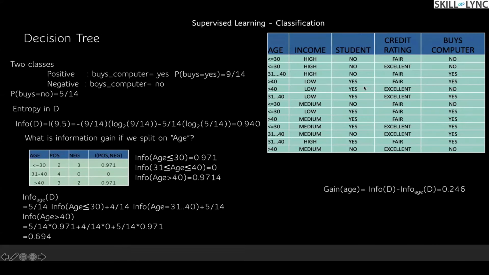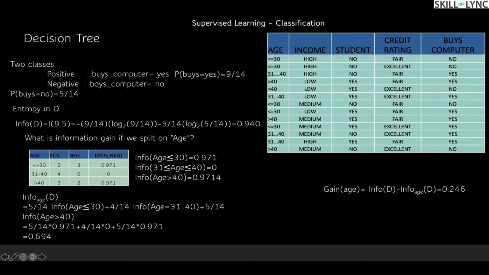Yes. In this case, I have taken a big example here. Buying a computer is our output, and x1, x2, x3, x4 are the 4 input features. If I decide age to be my root node, I have a 3-level decision tree. If I take income as my root node, I have a 4-level decision tree.